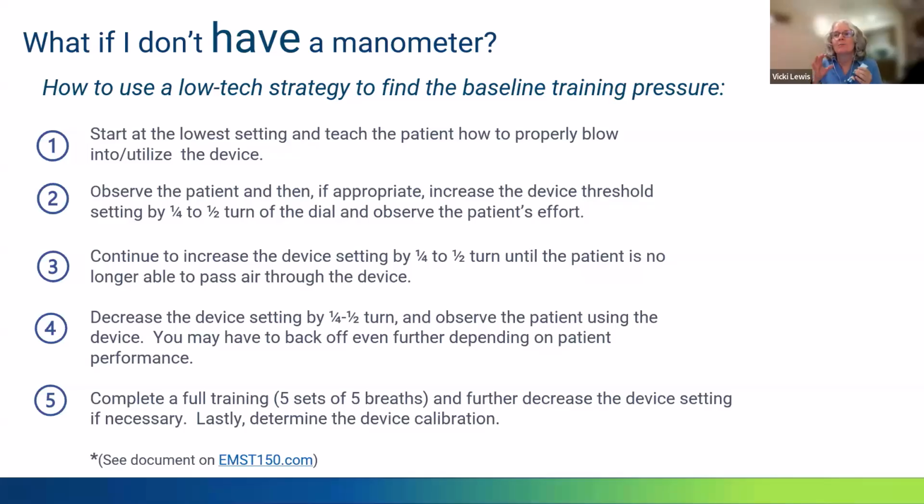Teaching the patient how to blow through a device. Now, I'm going to show you with the EMST 150 device, but it can truly be any device. If you're doing expiratory muscle strength training, you want the patient to blow through a pressure threshold device quickly with as much force as they can, like they're blowing out a candle. So it looks like this. And if you notice, I blew through the device, I took the device away, and I finished exhaling.